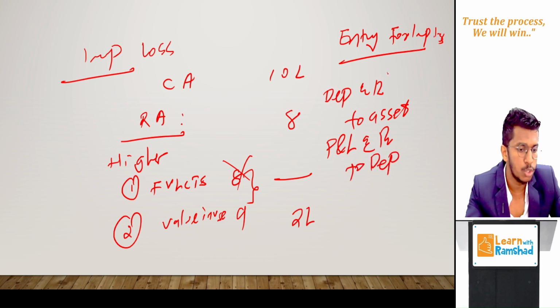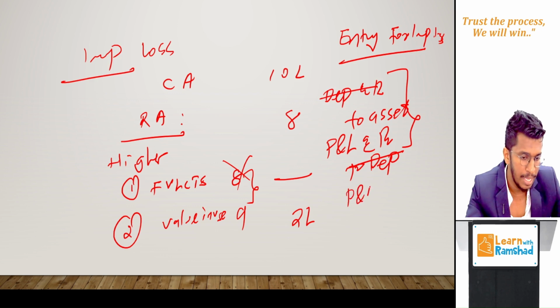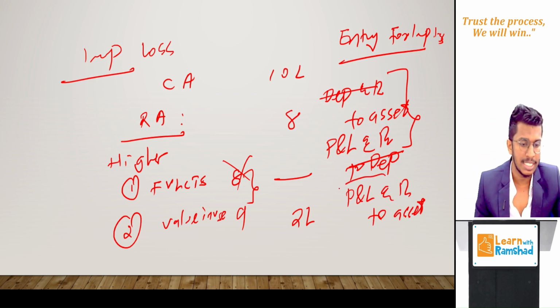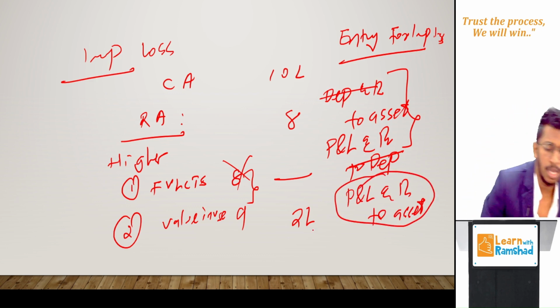So instead of these two entries, we can sum up, and basically this will be the entry, P&L account to asset account. So instead of saying two entries, we shortly say this: P&L to asset account.